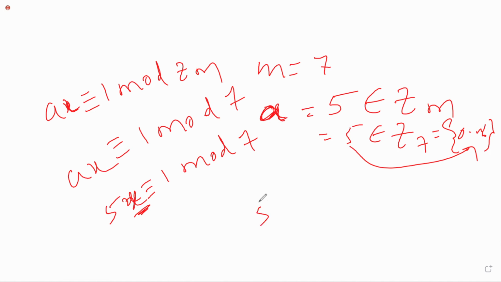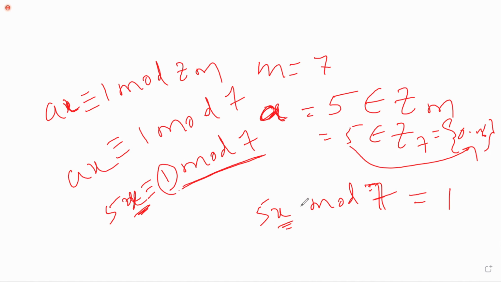We need to take 5x mod 7, and it should give the value 1, because 1 is the remainder. So 5x mod 7 is equal to 1.